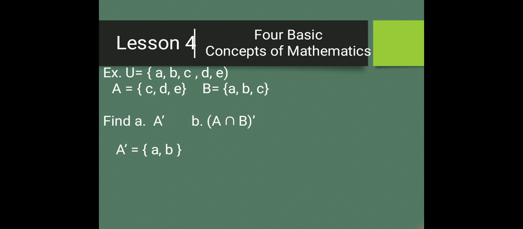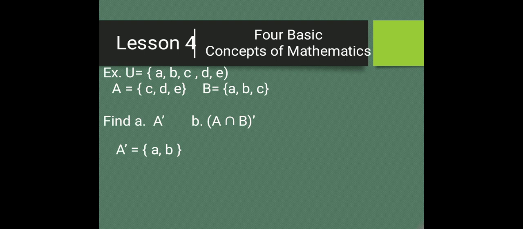We have C, D, and E. Ngayon, if we have to find the complement of A, so, yung mga elements na nasa universal set na wala kay A ay yung mga elements na A and B. Now, ang complement ngayon ni A is A and B kasi ito yung mga elements na nasa universal set na wala kay A.